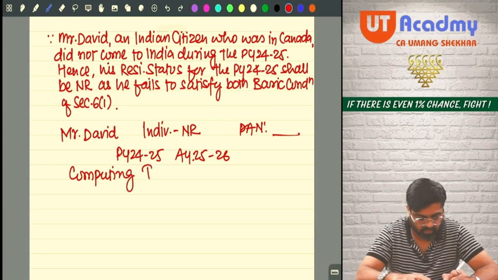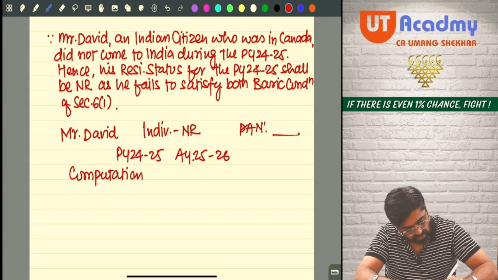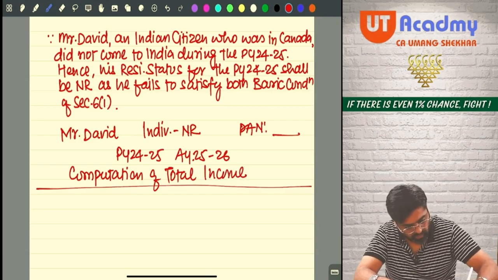Computing his total income. Computation of total income.